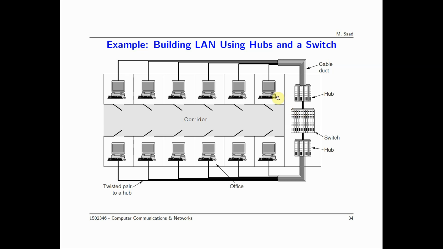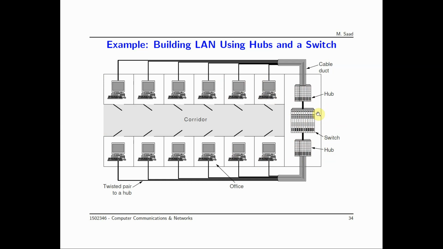It means it's not enough to connect each one of these machines to a distinct port. So in that case, we have to use other devices like hubs or even other switches. So in this simple design, we use a hub for all top machines, another hub for all bottom machines, and then the two hubs are connected to the switch.